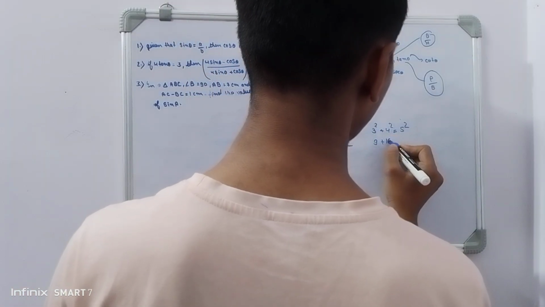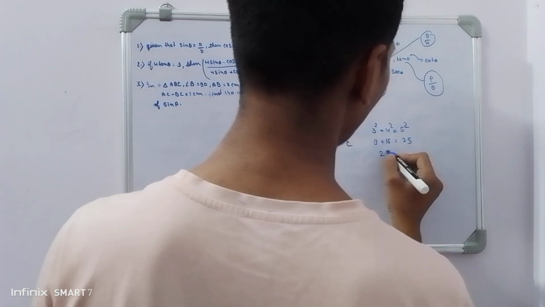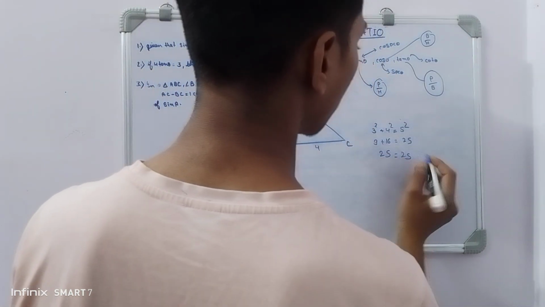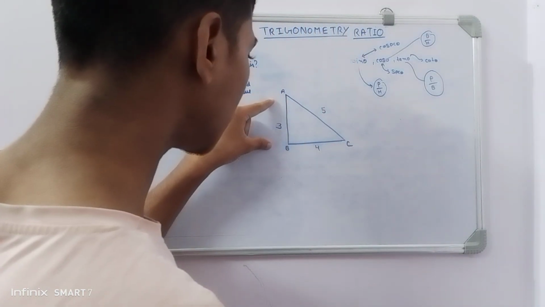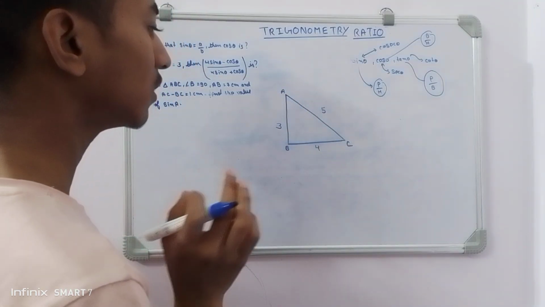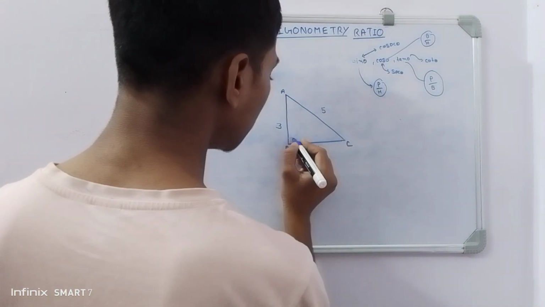So 9 plus 16 is equal to 25, and this is right. So we have a triangle where AB length is 3, BC length is 4, and AC length is 5.